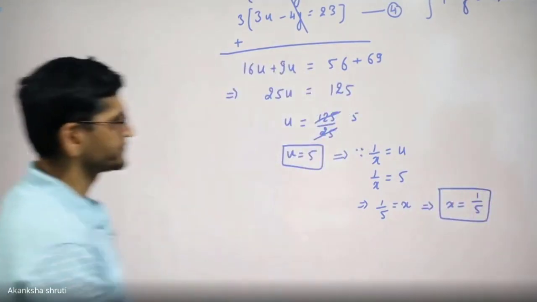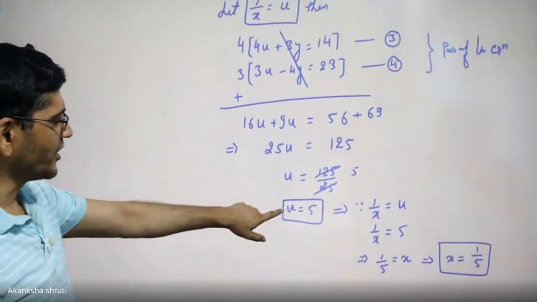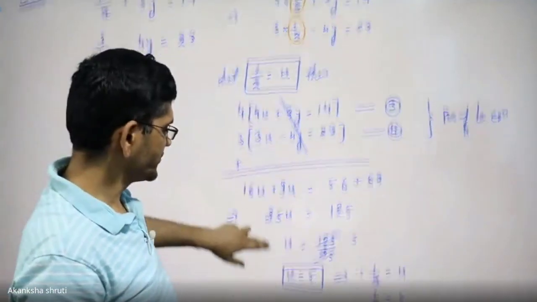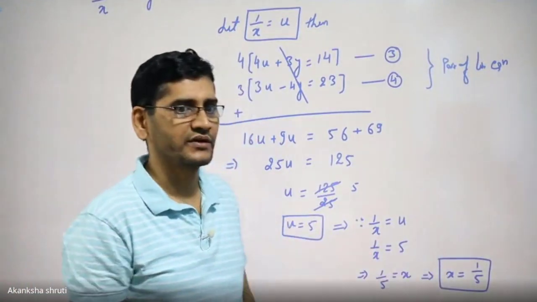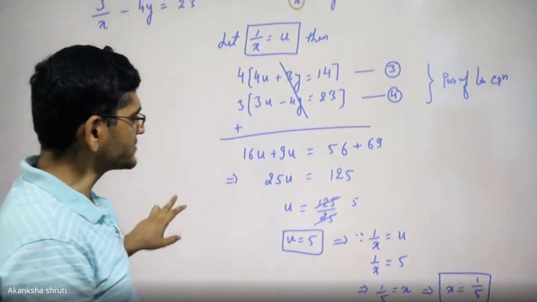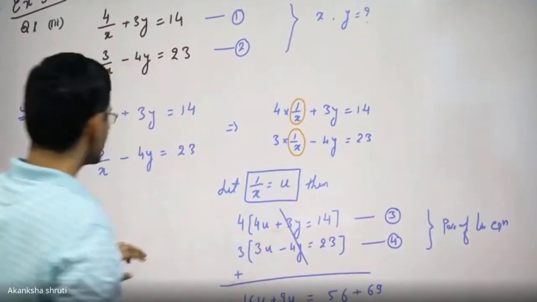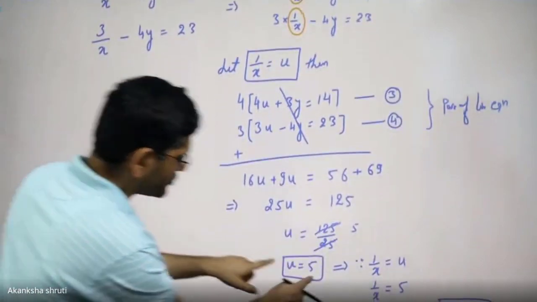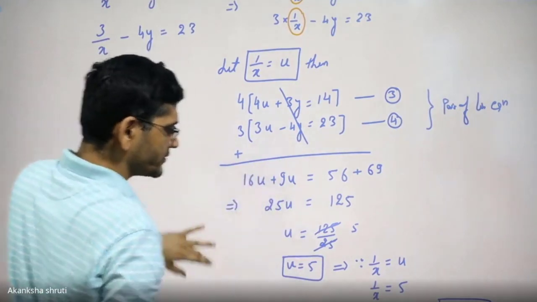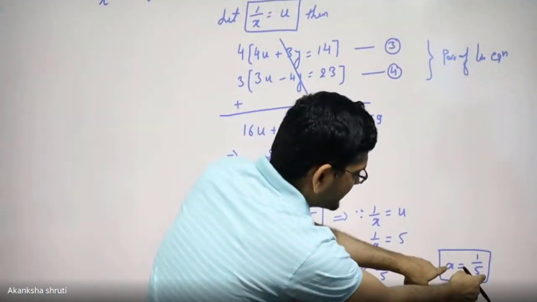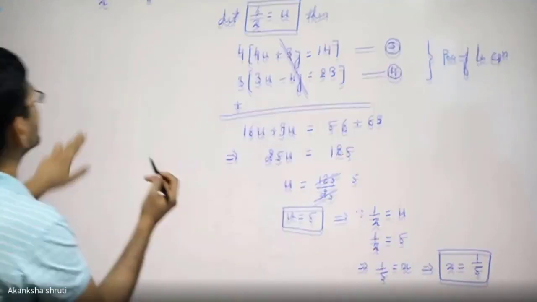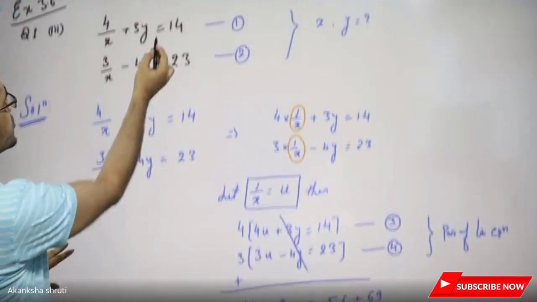Students, by calculating the value of u, which we had assumed, the value of x is determined. Now the other variable is y. So students, for calculating y, you are free to use this u in equation 3 or 4, or since we have already calculated x, you are also free to use this x in our equations 1 and 2.